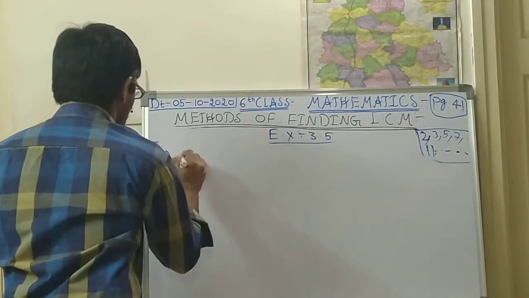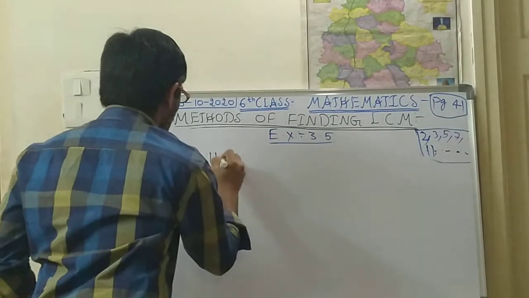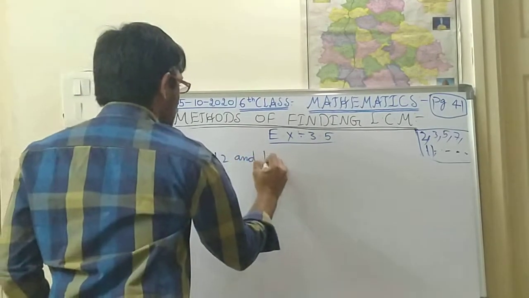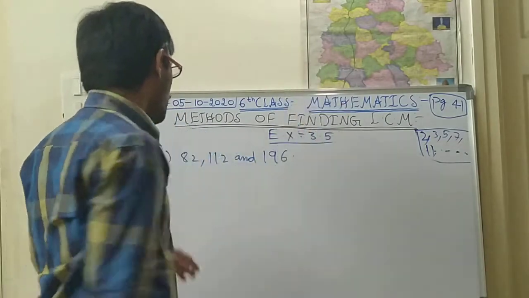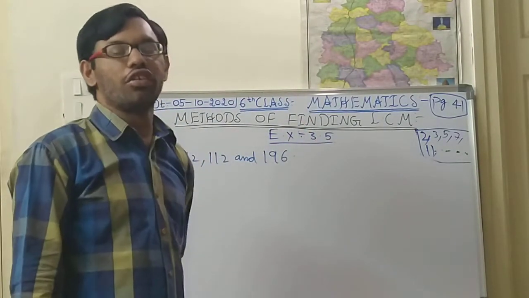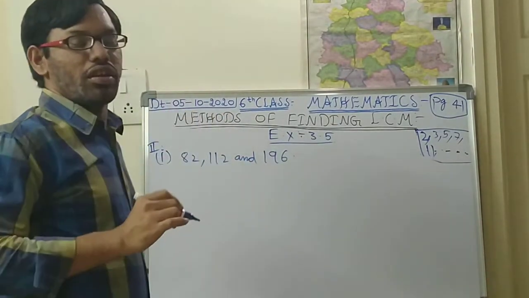See the first one, children: 82, 112 and 196. This second bit you should do in the continued division method.